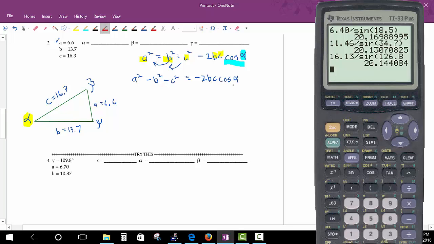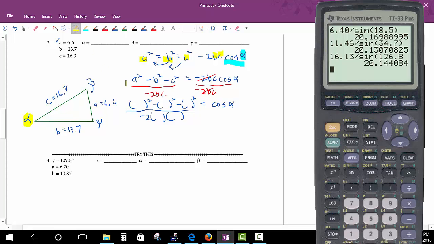Then I can divide both sides by negative 2BC, and that would leave me with the cosine alpha isolated, and then I'd be ready to plug in. So what I'm going to do is A squared minus B squared minus C squared all over negative 2 times B times C. Okay, so let's plug in what we have.